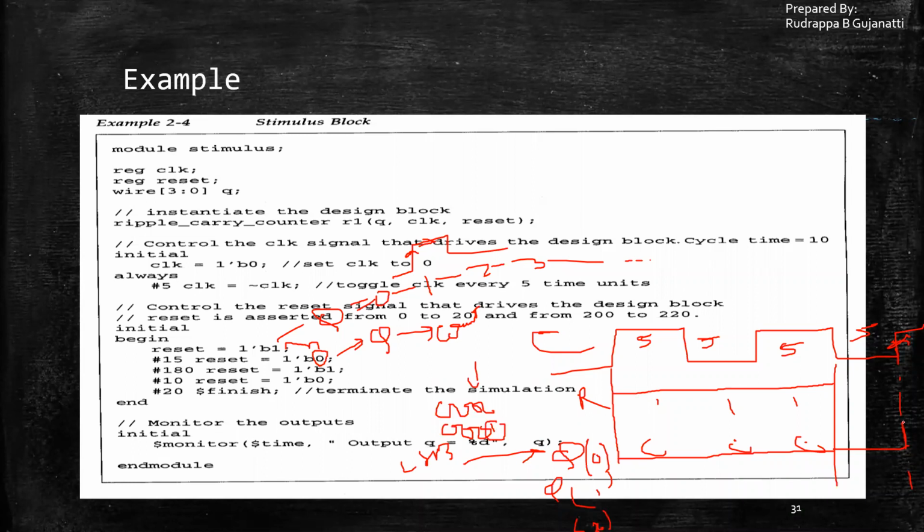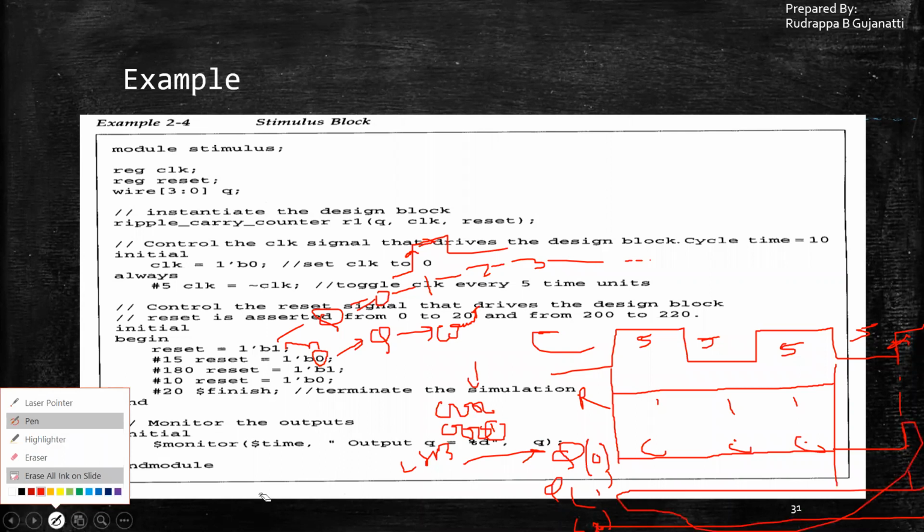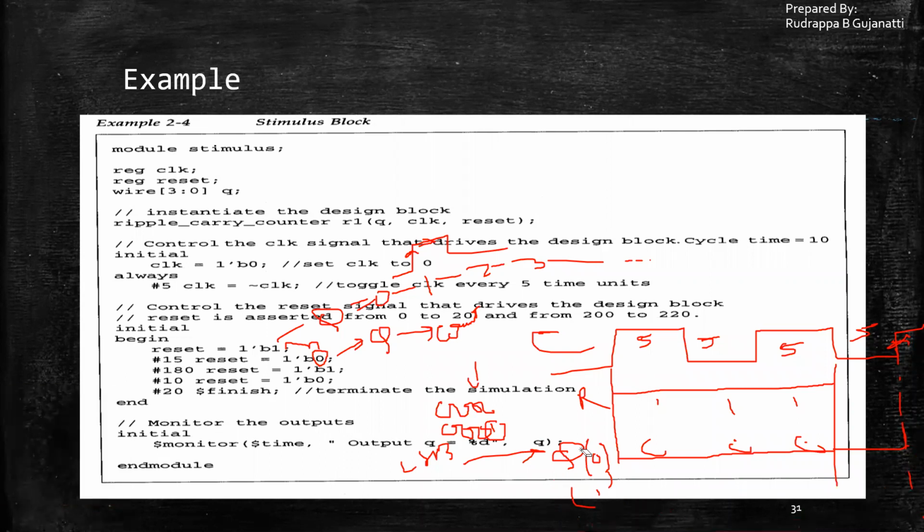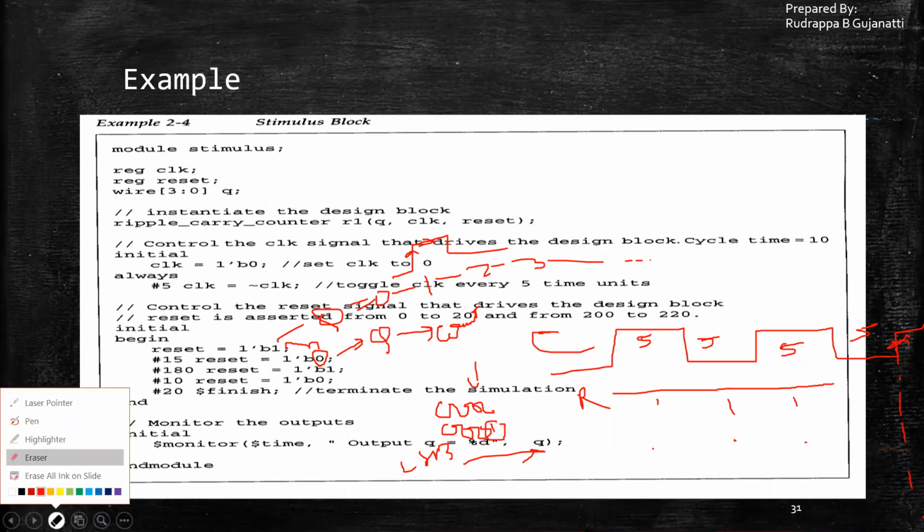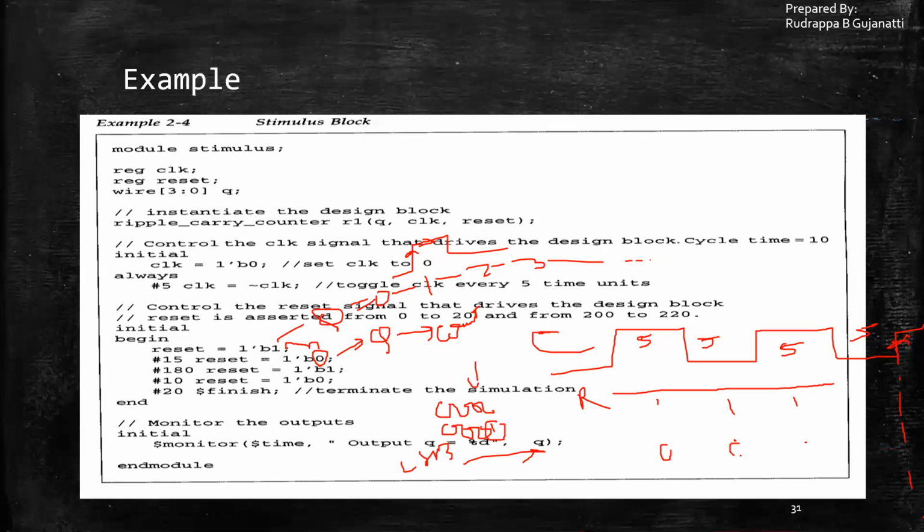So during this point it will be 1 and the remaining will still be 0. If I have to represent it in count form, here Q will be 0, 0, 0.